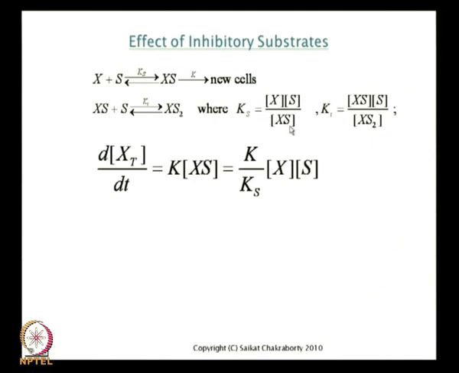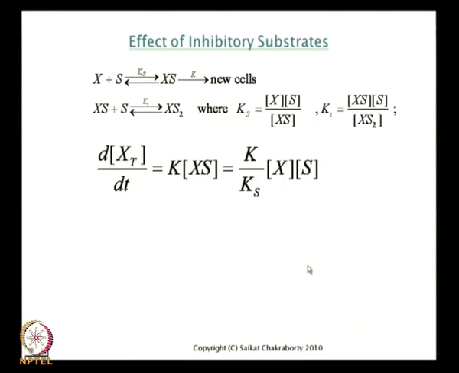Is it clear to everybody? Very straightforward. So we can replace the XS that I have over here by X times S divided by Ks. Right? So you have k over Ks times X times S.